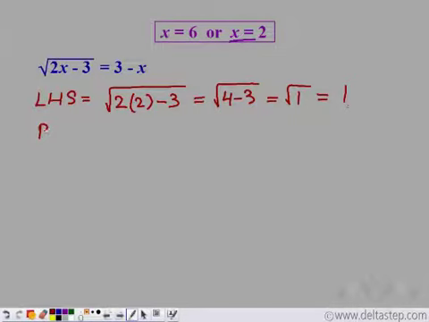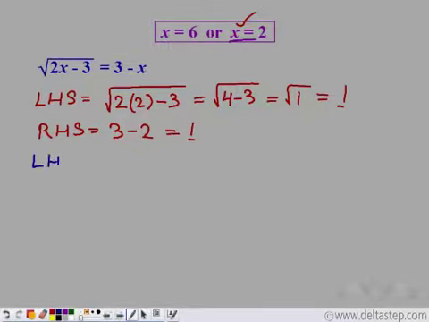And right hand side is equal to 3 minus 2, which is equal to 1. So this is equal to this, hence x equal to 2 satisfies this equation, and it is a solution of this equation.